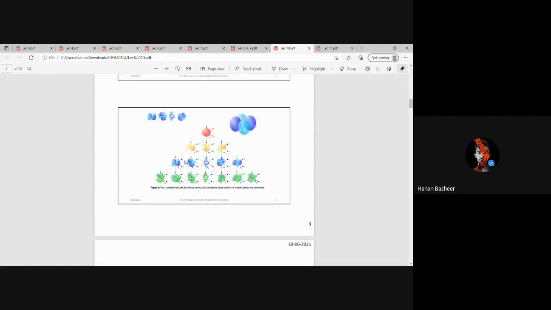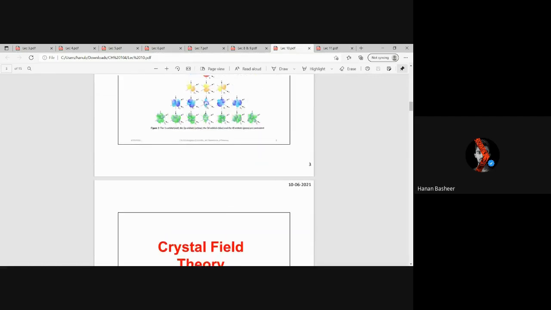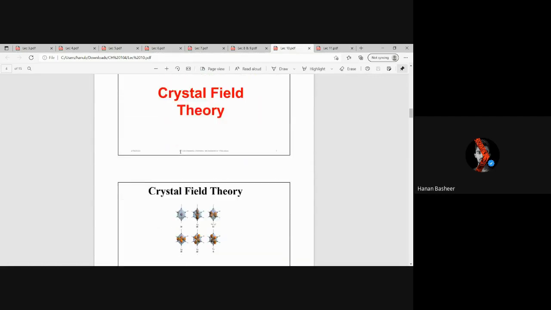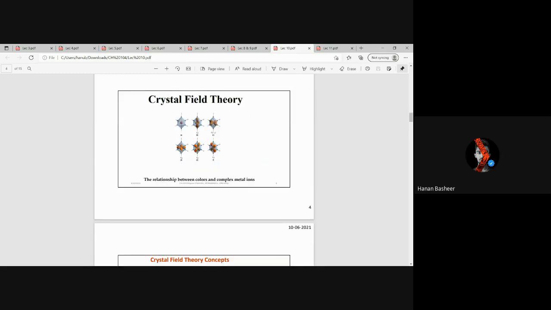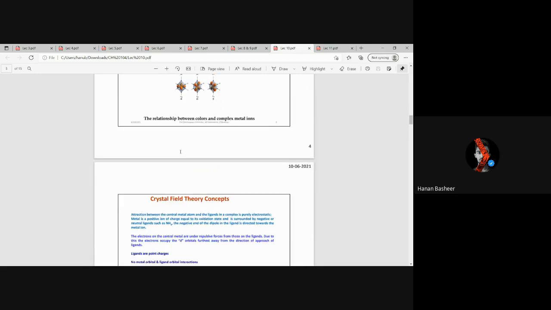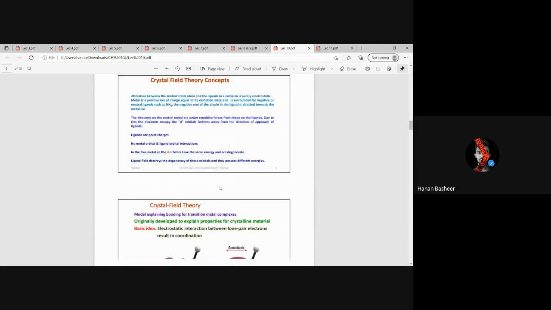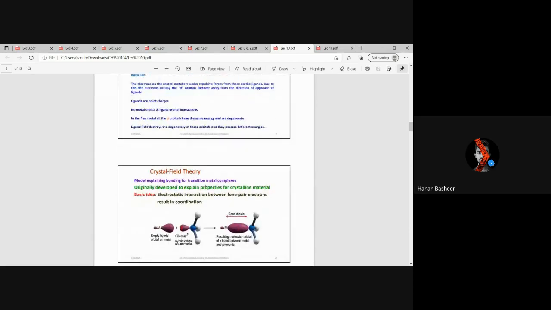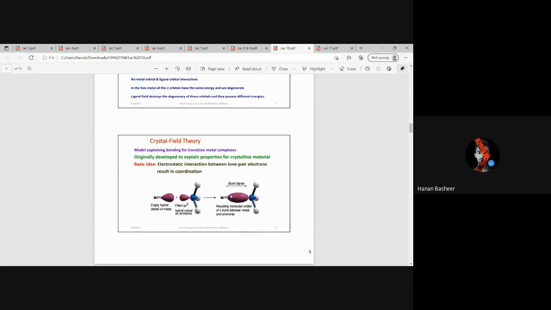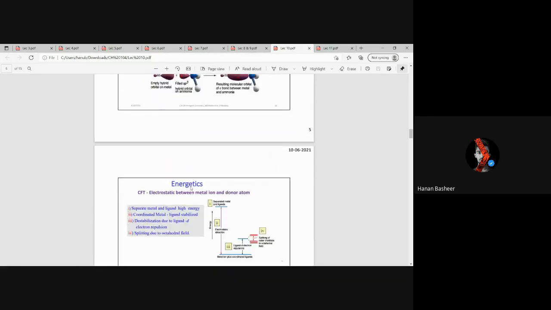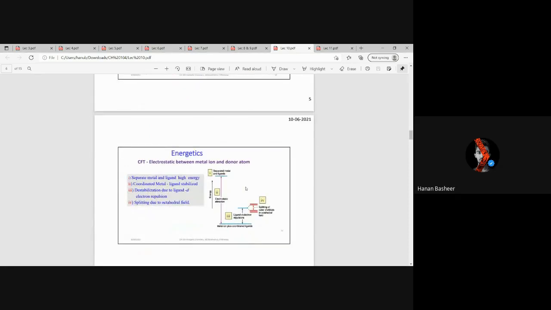Then these are the orbitals. Crystal field theory gives the relation between color and the complex metal structure. If the electrostatic interaction between lone pairs results in coordination, how do the energetics compare? When they are free atoms, they will have very high energy.